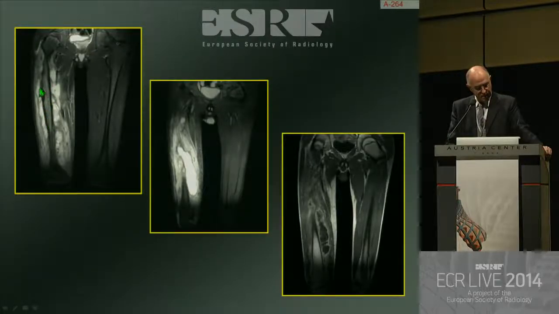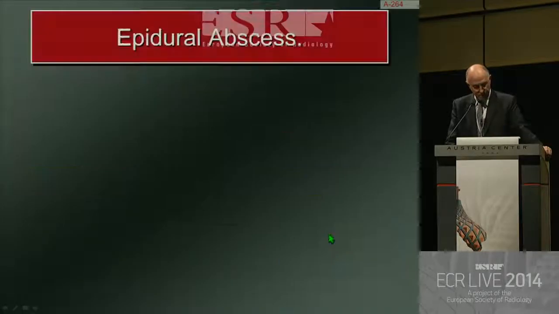In this case, he's had a recurrence of symptoms, lots of soft tissue swelling, and just note the massive, extensive abscess formation that is traveling down towards the knee. Post-contrast, you can identify the enhancement at the edge with the abscess in the middle.